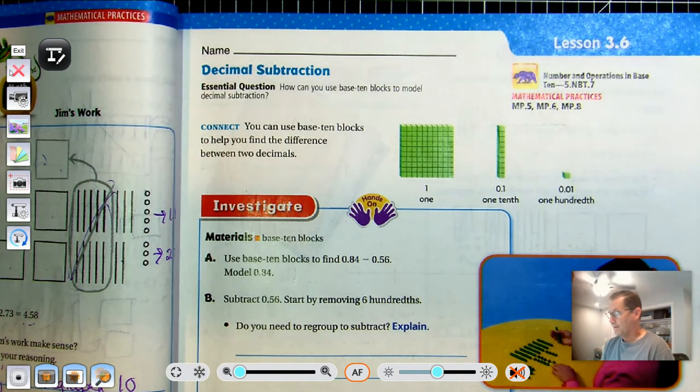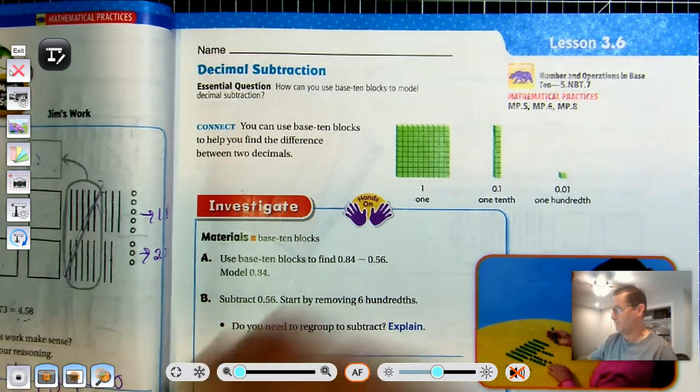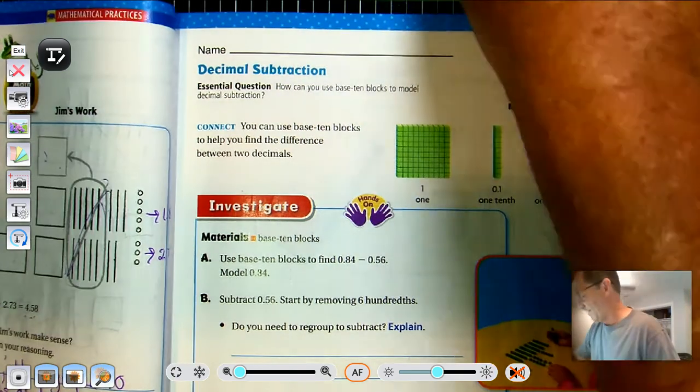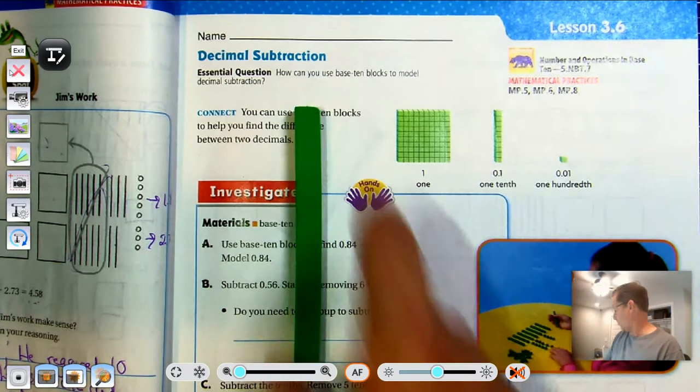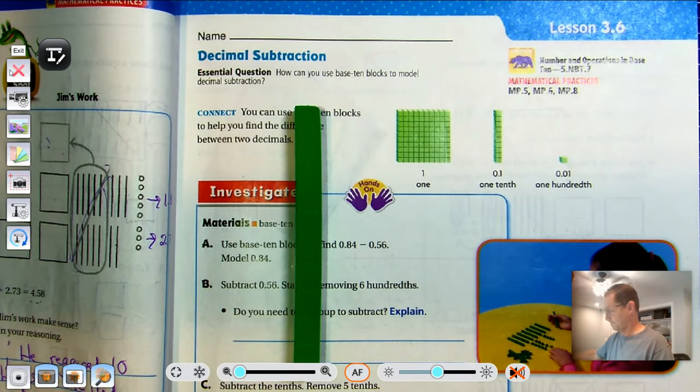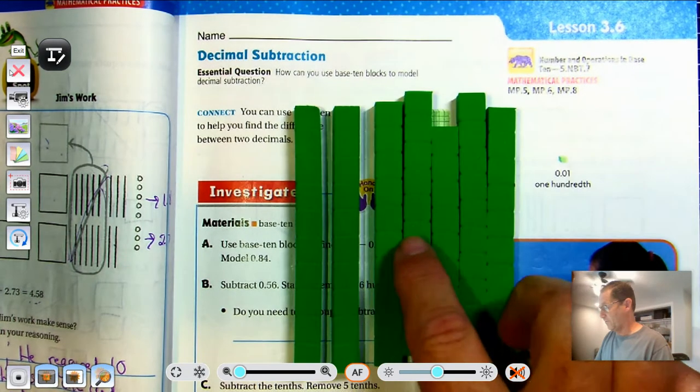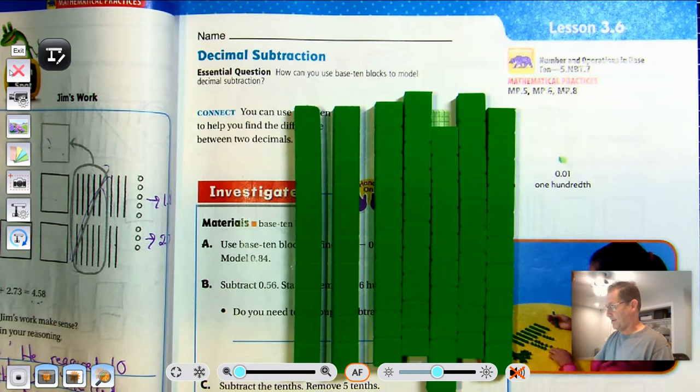So you can use base 10 blocks to help you find the difference between two decimals. Use base 10 blocks to find 84 hundredths minus 56 hundredths. So let's model 84 hundredths. That means we have 8 tenths, right? So 1, 2, 3, 4, 5, 6, 7, 8.